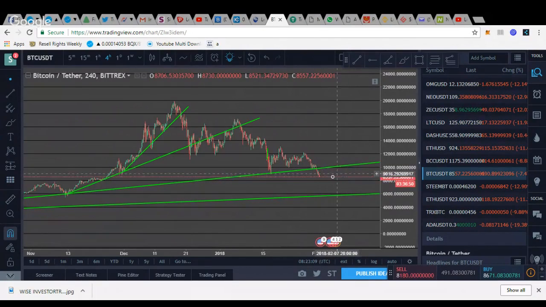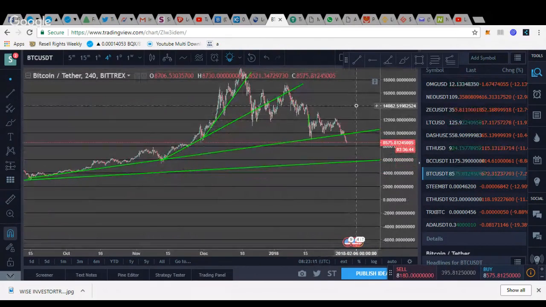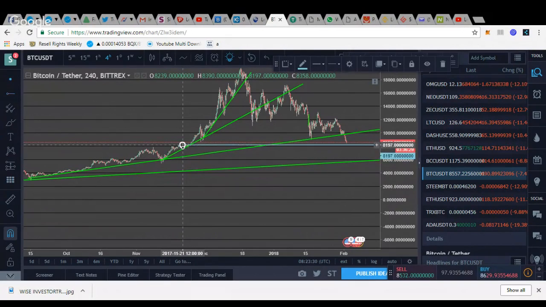It depends on the patterns formed here, but the way it is now, Bitcoin is very, very bearish. So we're expecting it can bounce at this small support here. There's a little support here.